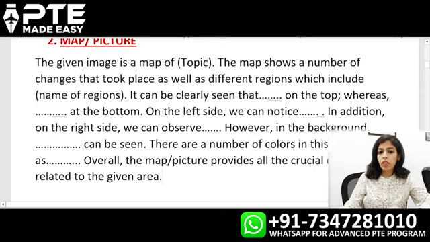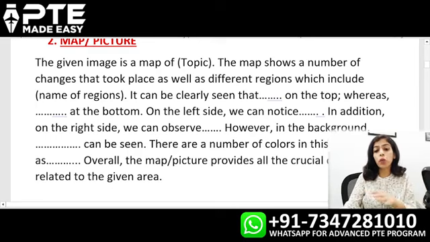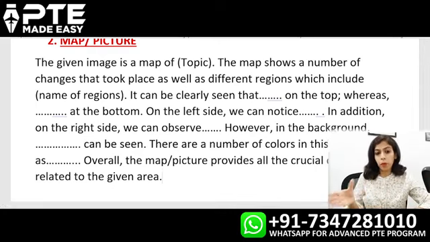The given image is a map of, and here you will simply tell what exactly the image is of. Then: the map shows a number of changes that took place as well as different regions which include this. There, you are going to see different regions in a map, so you can say as well as different regions which include, and it varies from map to map.